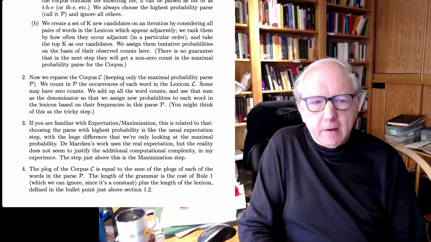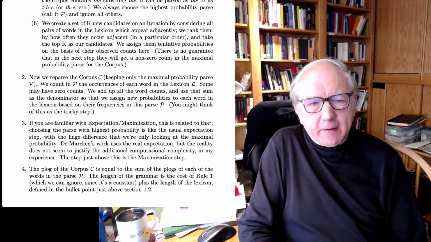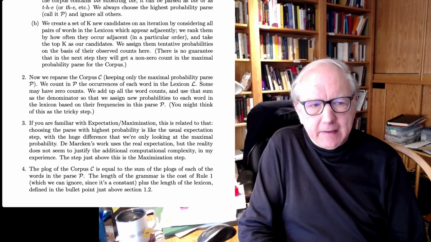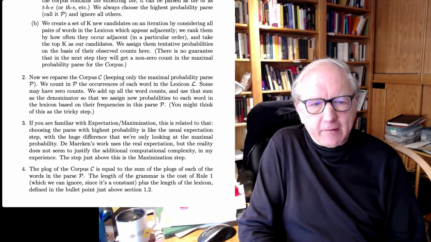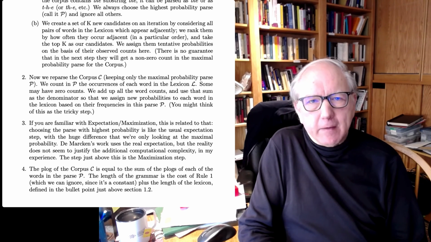DeMarcken's work uses the real expectation, but the reality doesn't seem to justify the additional computational complexity in my experience. I've coded it both ways, but just using the maximum probability parse seems to do just as good a job when we're looking at natural language, or for that matter, when we're looking at DNA. And then when we calculate the new set of probabilities, that corresponds to the maximization step.